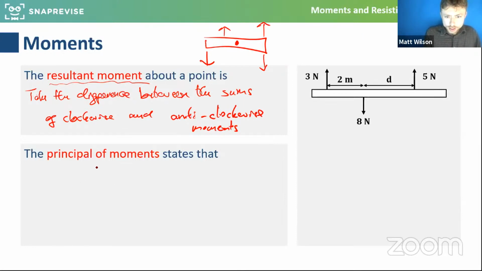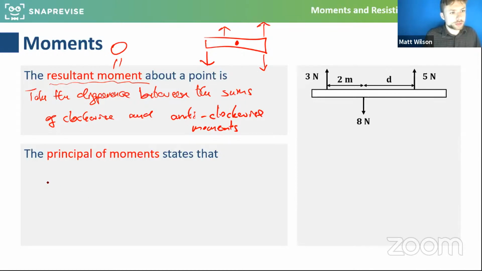Okay. So let's then state why we care about moments. We care about forces because when the forces are all balanced, we get a constant velocity. The same is true for moments. When the moments are all balanced, that is when the resultant moment is equal to 0, then the object will continue to rotate at the same rate.